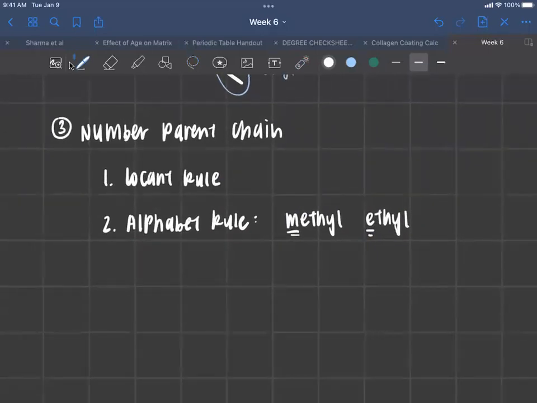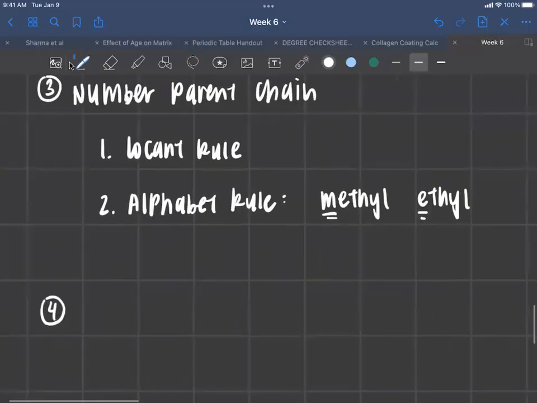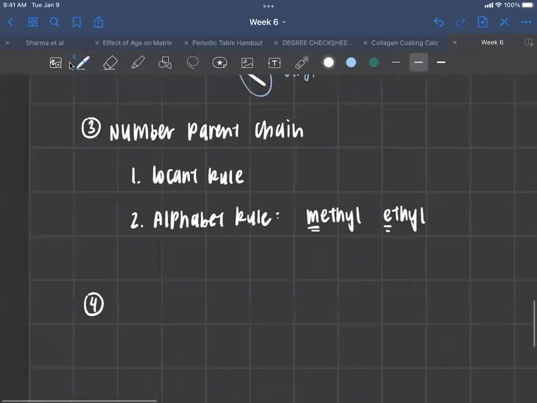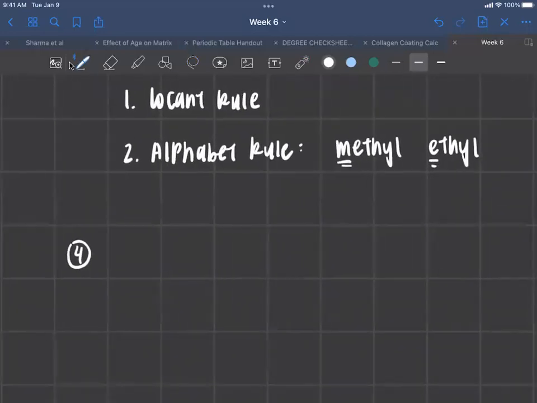Then number 4 is, I don't know what the formal name of the step is, but I would just say to count your substituents.